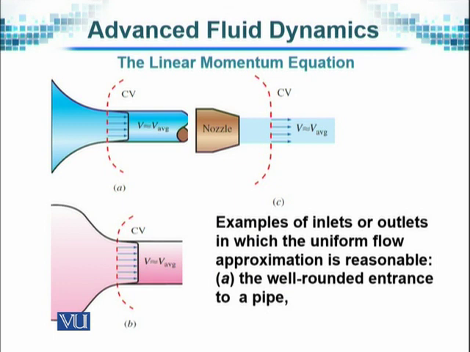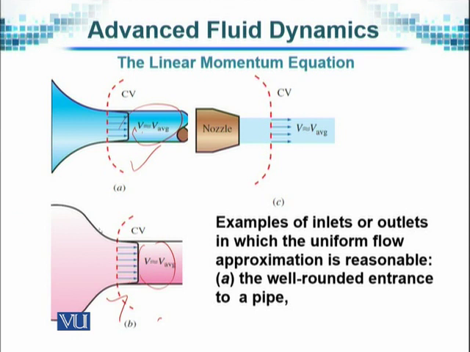And similarly, there are 3 situations here again. There is a control volume, fluid flowing in this situation A, and we consider the velocity V average here. In B, another situation is being shown.